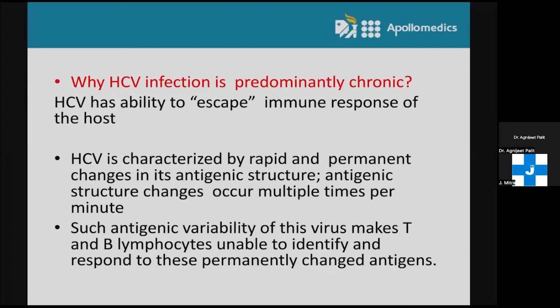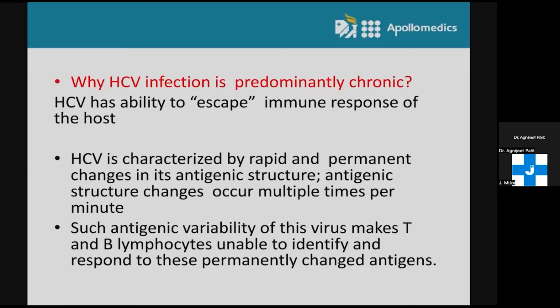As you can see, antigenic variability of the virus makes T and B lymphocytes unable to identify and respond to these permanently changed antigens. Now, if we look at the antigenic structure, the envelope glycoprotein E2 is highly variable. Also, the non-structural 5B, which codes for the RNA polymerase, these are the two highly variable proteins, and they are prone to mutation. Also, the predominant antibody produced by the body is against the E2 part, the envelope glycoprotein E2 part.